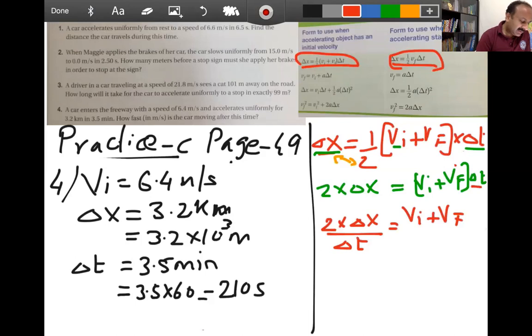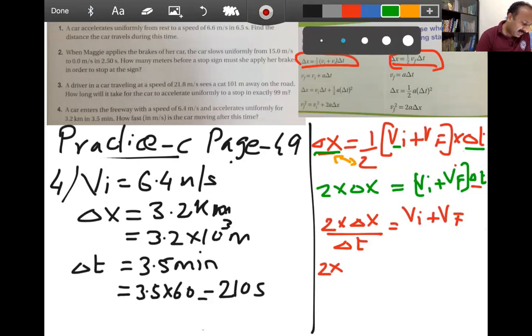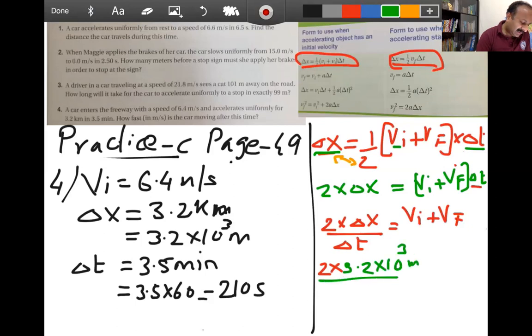So now we can just plug the values. So 2 times delta x value is how much? Delta x is 3.2 times 10 power 3 meters divided by delta t, which is 210 seconds, equal to vi plus vf. vi is 6.4 meter per second plus vf.